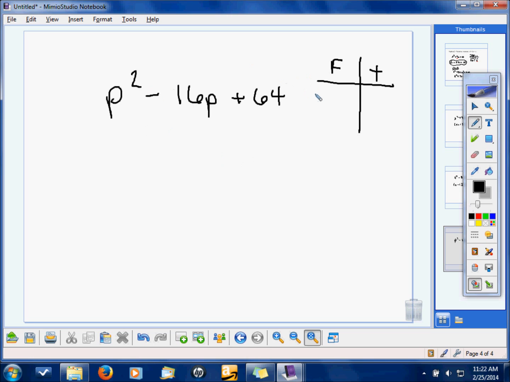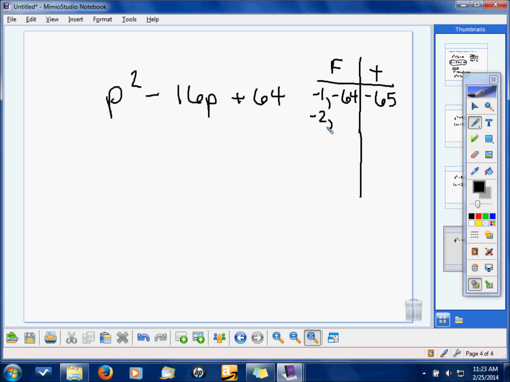So let's start with 1. What is -1 times what is -64? Okay, that gives us -65. We haven't hit our winner yet. Now, what you do is you just keep listing factors until you find the one. What about negative 8 times negative 8? Okay, that will be the answer, yes.